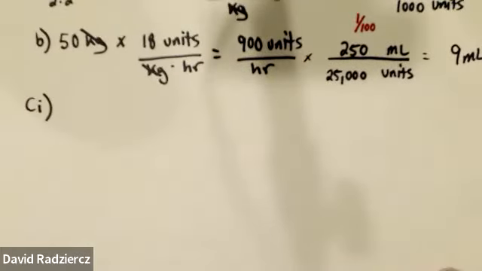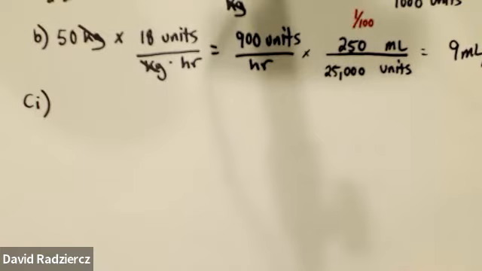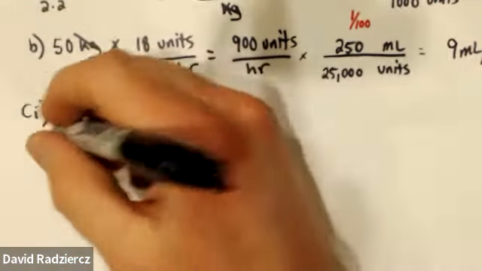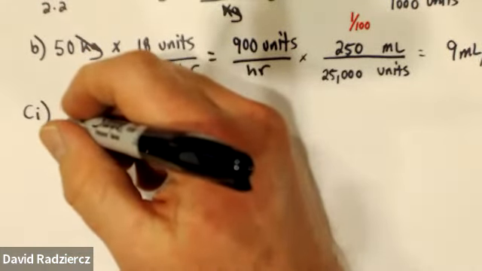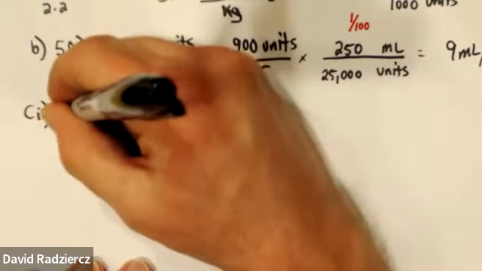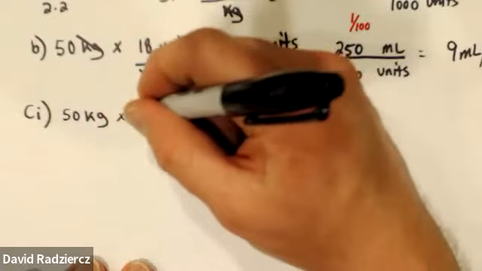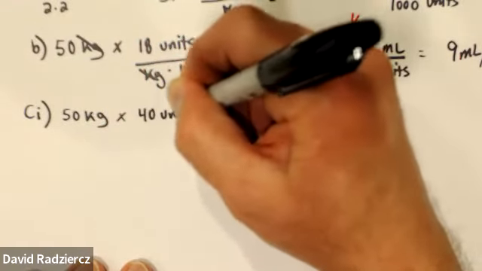Okay, so C part 1 says to calculate the number of milliliters to prepare, and what they're asking for is the new bolus dose. I know it's not 100% crystal clear, but I want you to know what it is that they're asking for. Okay, so we're going to take the same patient weight, and the new bolus is now 40 units per kilogram.